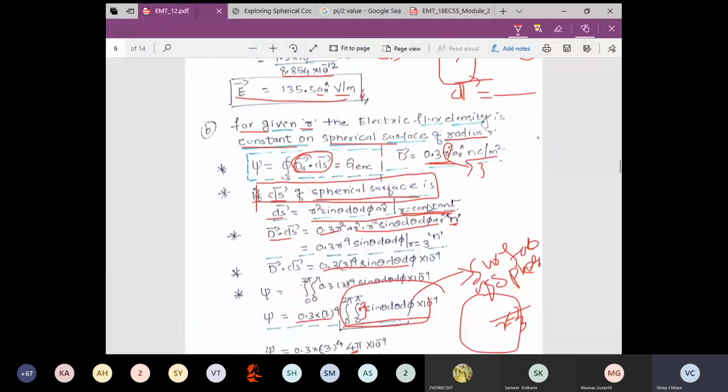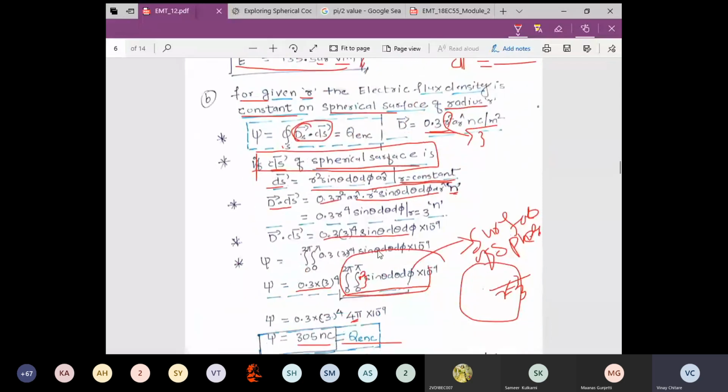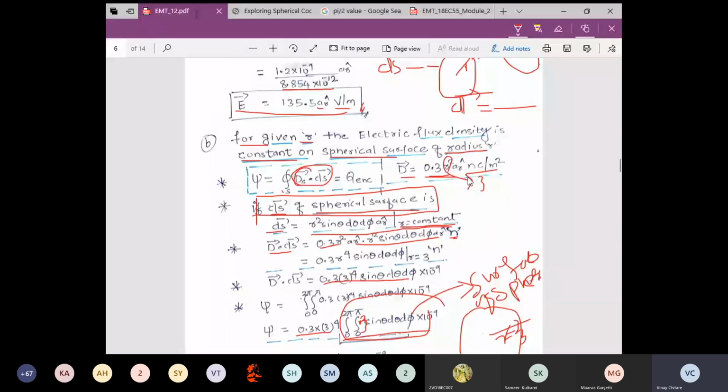What I'm trying to tell is, we can avoid all this integration by observing only one thing. We know that D is constant for a given r, so the dot product becomes a scalar product of Ds into ds, and Ds will be constant, and you can write that whole integration as Ds into the surface integral of ds.